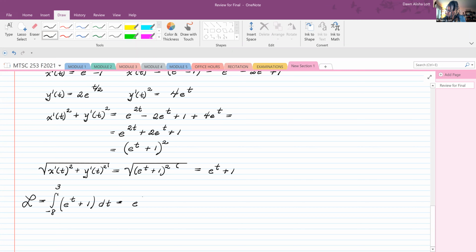So you get e to the t plus t, evaluated between -8 and 3. E cubed plus 3 minus e to the -8 minus 8. So you get e cubed minus e to the -8 plus 11.